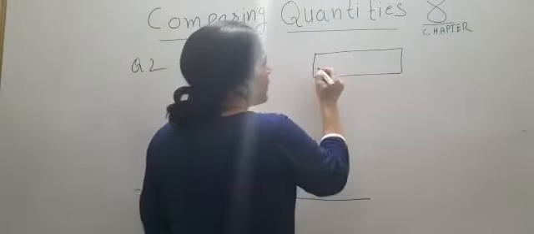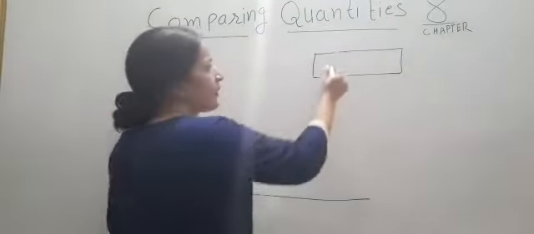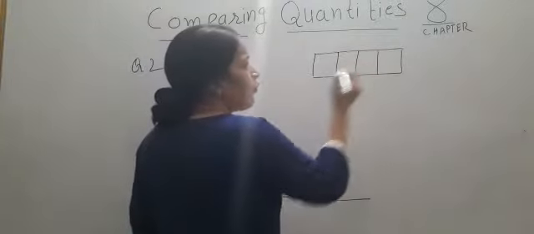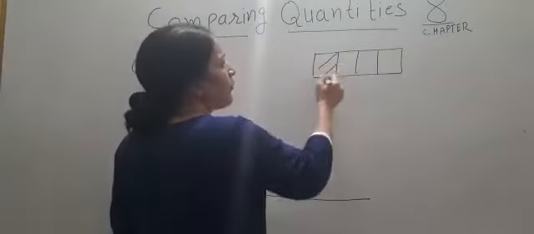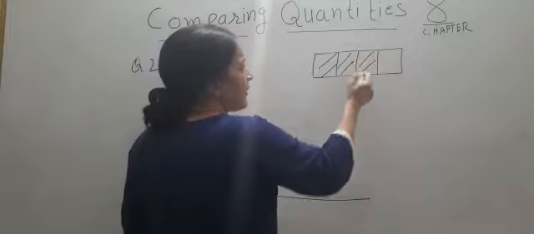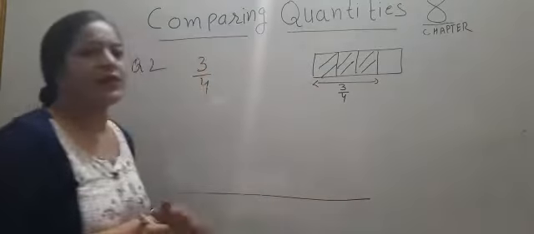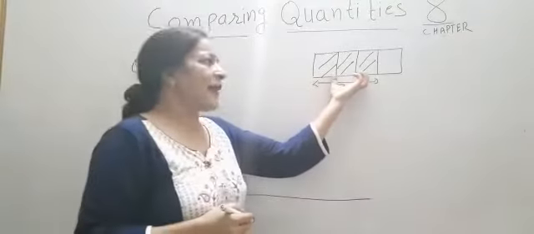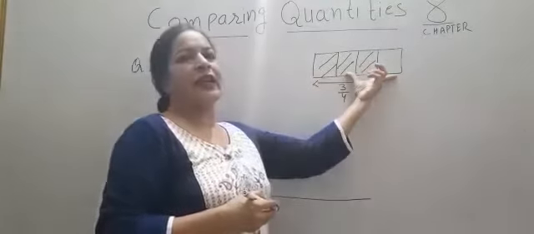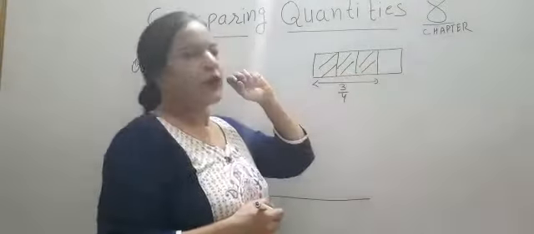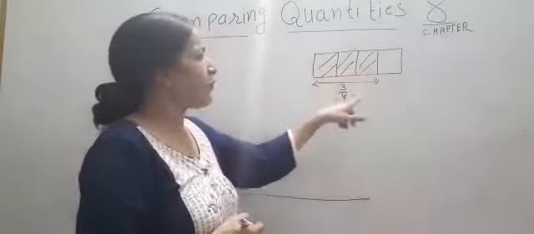Students, suppose this is a whole. I divided it into 4 parts. And out of 4, it's a chocolate. I ate 3/4. Clear? What I ate and the whole chocolate is 3:4. Out of 4 I ate 3 parts.